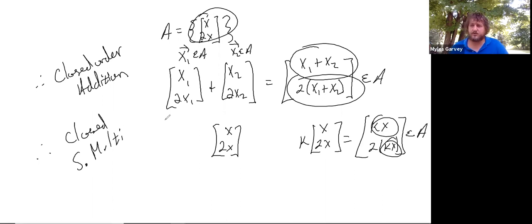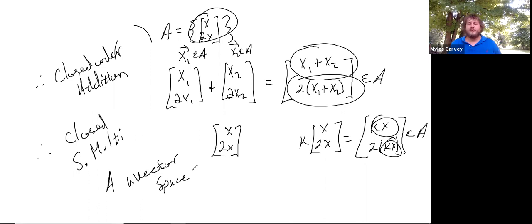And because it's closed under scalar multiplication and ordinary addition here, the set A is therefore a vector space. Okay, we'll be getting much more into vector spaces in the following section, but before we do, I want to get to the geometric interpretation of a matrix.